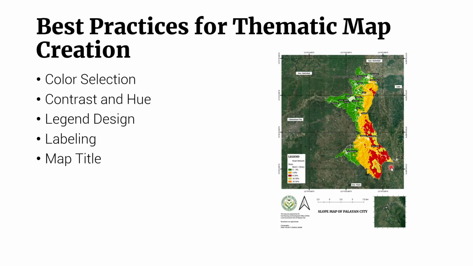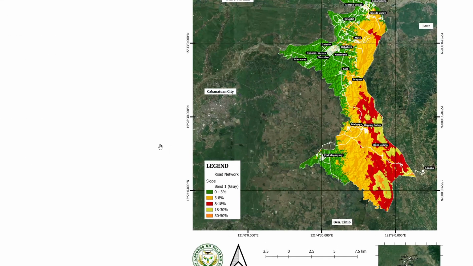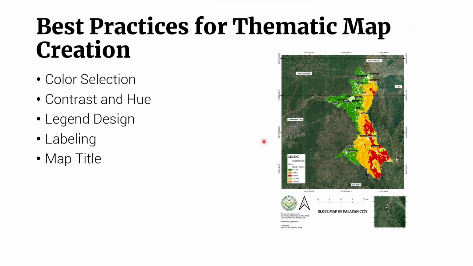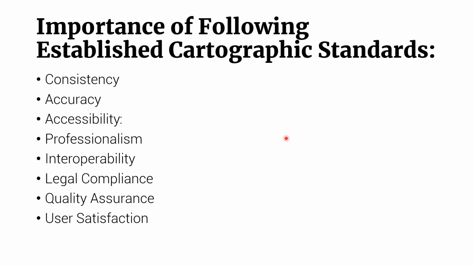So dito sa quality ng ginagawa naming mapa, itong percentage na to is based pa rin sa standard. Itong 0 to 3%, 3 to 8%, 8 to 18, 18 to 30, and 30 to 50. So yung classification na yan is I think galing sa CLUP or sa DHSUD din sa pagkuha ng slope map ng isang location. So yeah, those are the standards that we have been using.